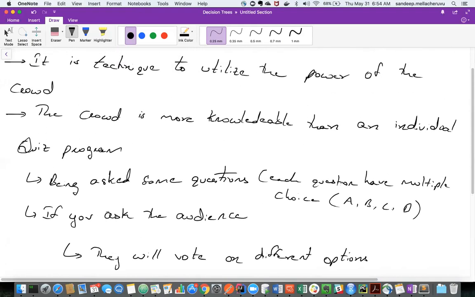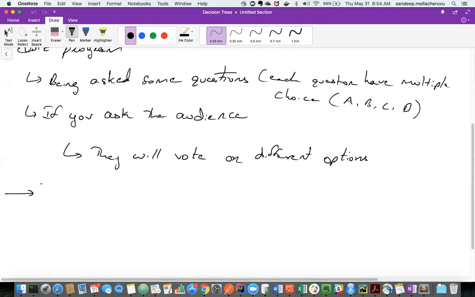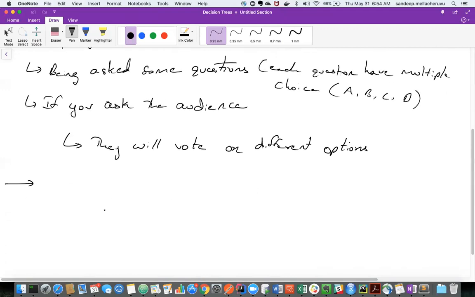It's okay that the quiz program and all these are fine. Most of the time it happens that the audience gives the right answer. But why is this happening? Why does the crowd turn out intelligent, even though the individuals present in that same audience are not so knowledgeable, not so expert?